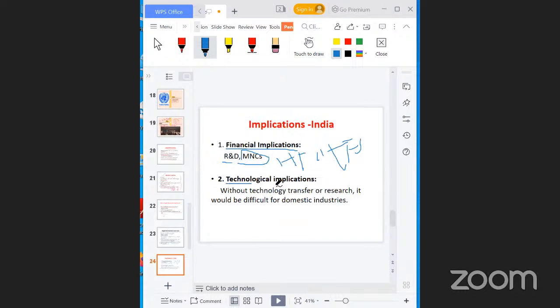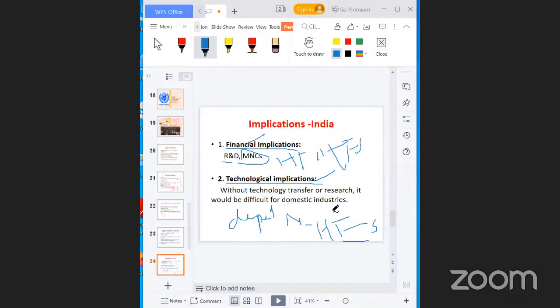So next one is technological implications. So this is financial implication and technological implication. In technological implication, some of the developed nations have already started using substitutes of hydrofluorocarbons in their products, and they have sound technological knowledge about their use, right?